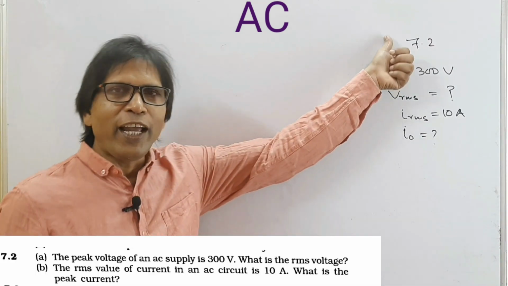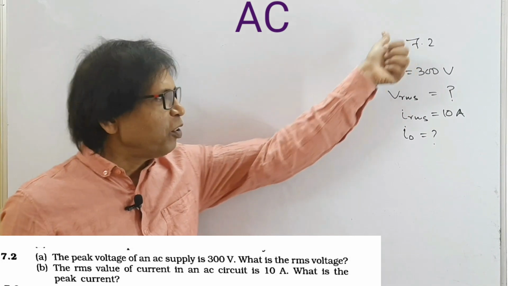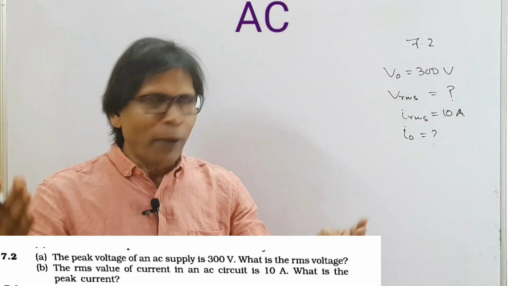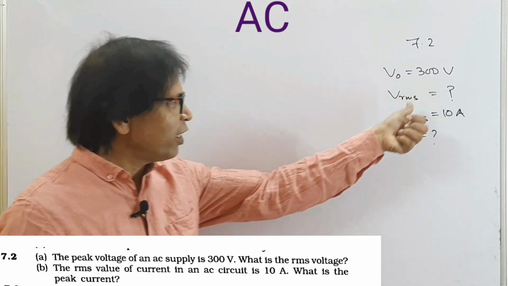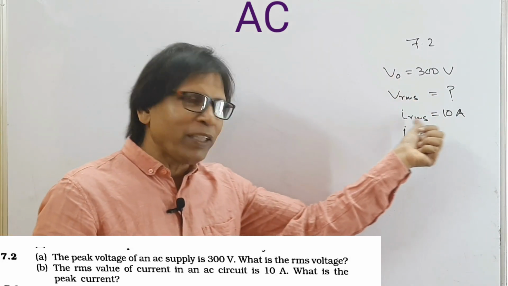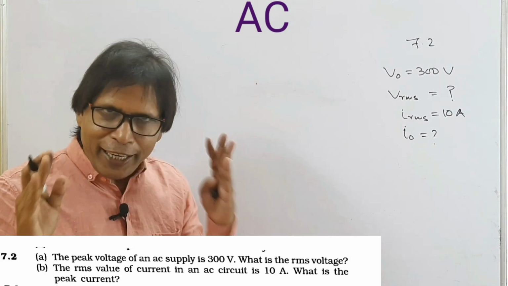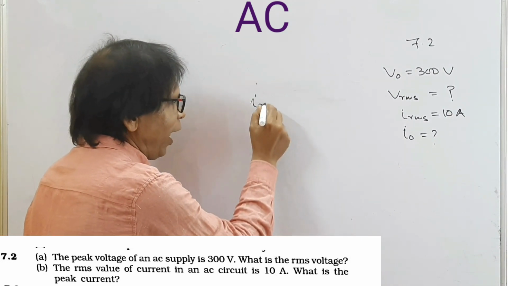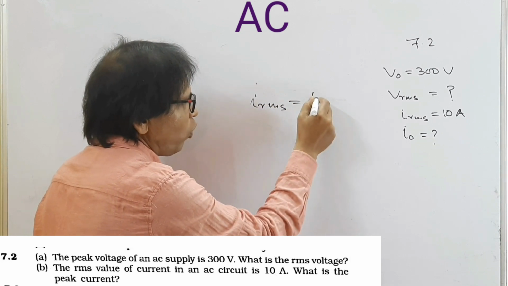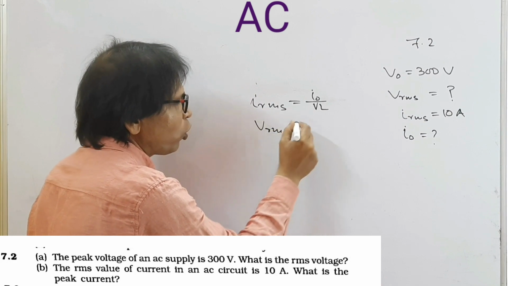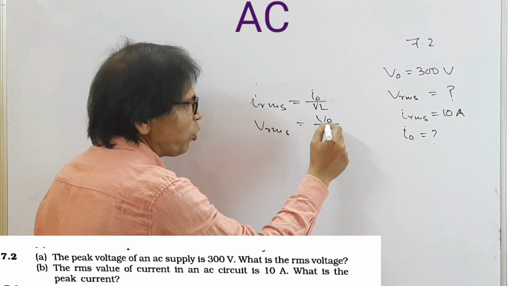Now NCERT 7.2. Look at this, peak voltage 300 volt. We have to calculate the RMS voltage. Now I RMS is given, we have to calculate the peak current. The relation is I RMS equals I naught by root 2 and V RMS is also V naught by root 2.